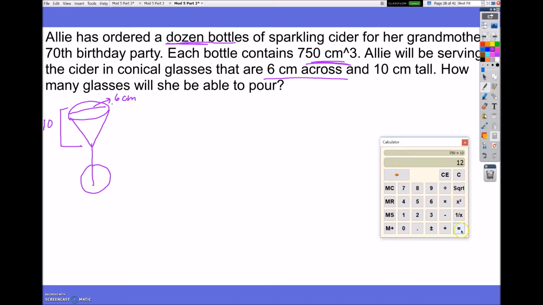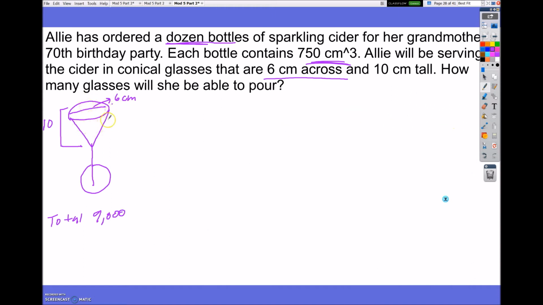With 12 of them, I'm going to have a total of 9,000 centimeters cubed of liquid to pour. Now each one is going to be filled up into here, so I need to find the volume of one glass. We're going to use the volume for this cone, which is pi r squared times the height, all over 3.